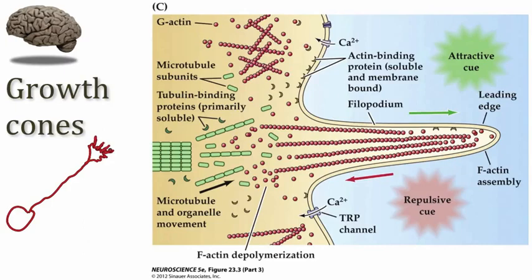Now what we're seeing in this figure is an illustration zooming in just on one portion of the growth cone looking at a filopodium. And this allows us to understand just a little bit about the dynamics that shape this growth cone as it interacts with the environment of the developing embryo. So what we find in this lamellipodium is a rich supply of mitochondria to supply the energy that's necessary for the activity of the growth cone.